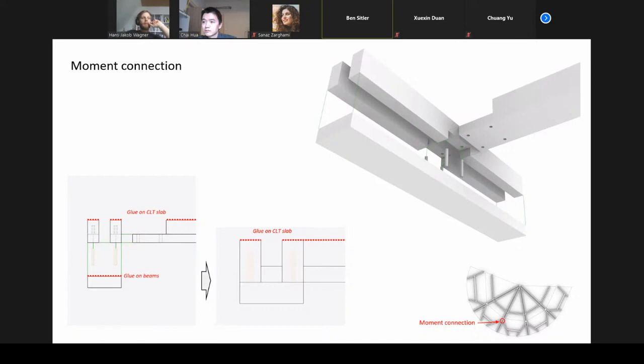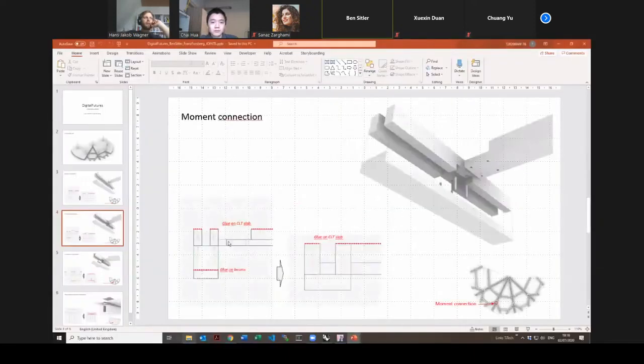Definitely. But what I was talking about was the study on how you would actually achieve this kind of overlapping points with the hollow section in the middle, I think. I'm trying to find it in the Google Drive. I'm not sure.